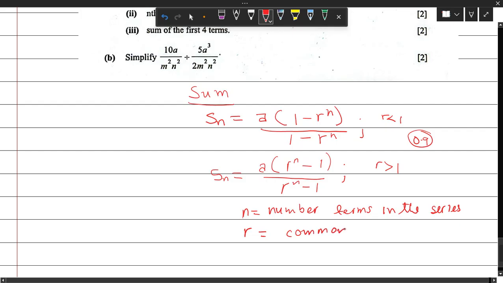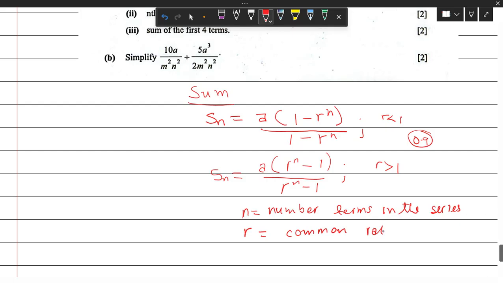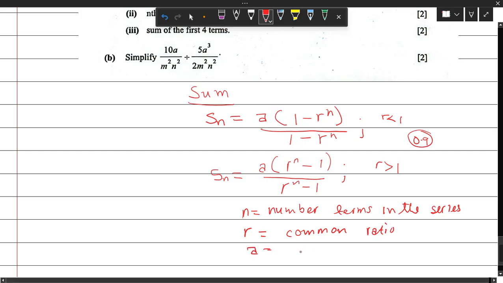A is the first term in the given series.